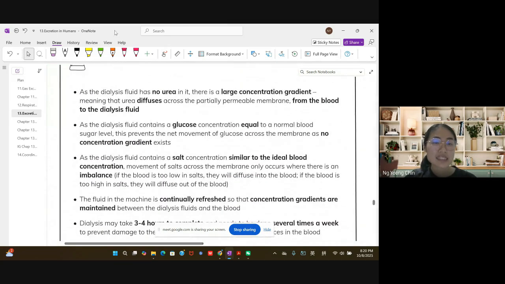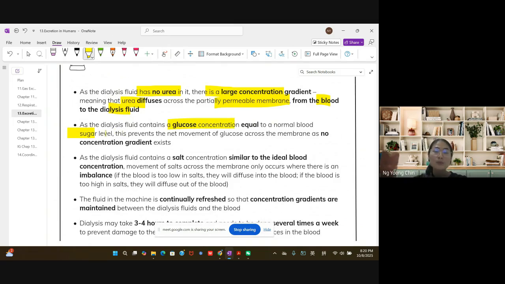As we know, the dialysis fluid doesn't have urea inside, so it has a very high concentration gradient. That's why the urea diffuses through the membrane from the blood into the fluid. The fluid also contains a glucose concentration equal to the normal sugar level, so this prevents the net movement of glucose across the membrane.